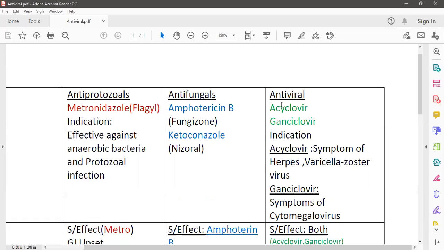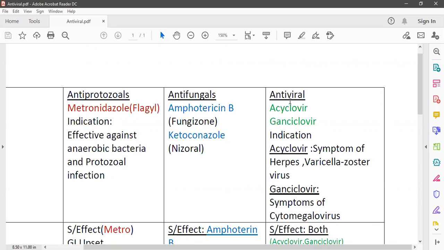Most antivirals are considered relatively harmless to the host, therefore they can be used to treat the infection. It is very important to keep in mind that an antiviral does not kill the virus, but it can stop the growth of the virus. It can stop the replication of the virus.